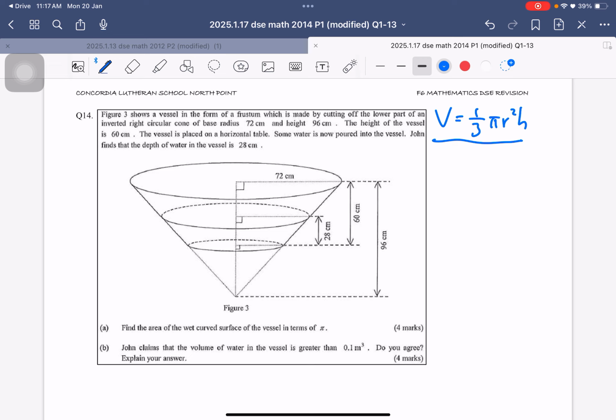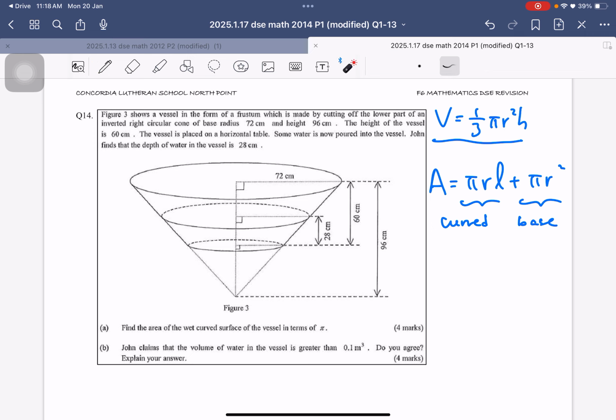Yeah. Then what is the total surface area? Pi r l plus pi r squared. This is the curved part. This is the base. If you still haven't remembered the formula, pat pat. That's really basic.